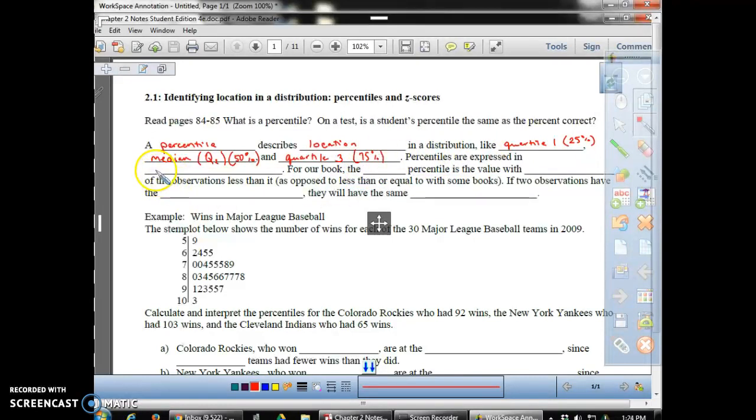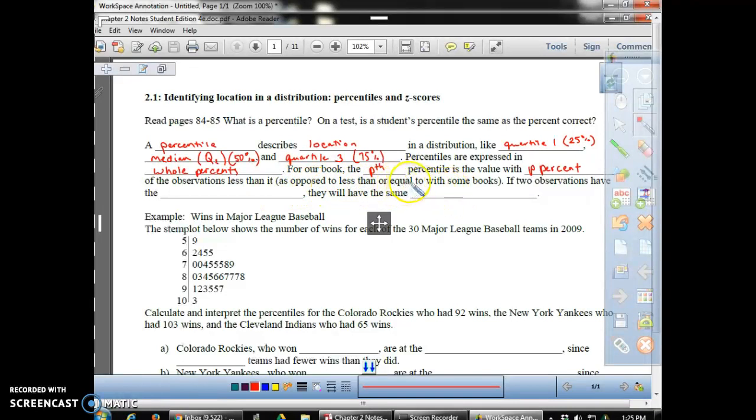Percentiles are expressed in whole percents. You always round to whole numbers, and that is actually one of the mistakes that most students make. For our book, the pth percentile is the value with p% of the observations less than it, as opposed to less than or equal to with some books.